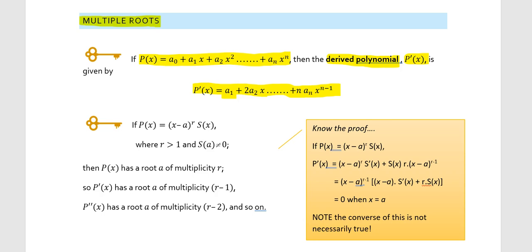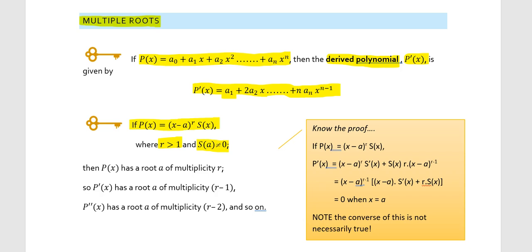Now, the bit that we're interested in is that if the polynomial has a root with a multiplicity of r, so that means that this root has to turn up more than once, otherwise it's just a simple root. And as long as s of a, this thing in here, so when x equals a, this factor is 0.